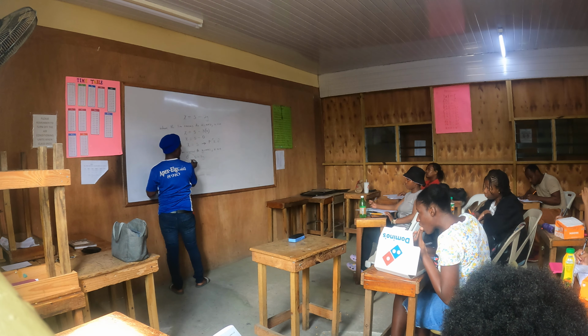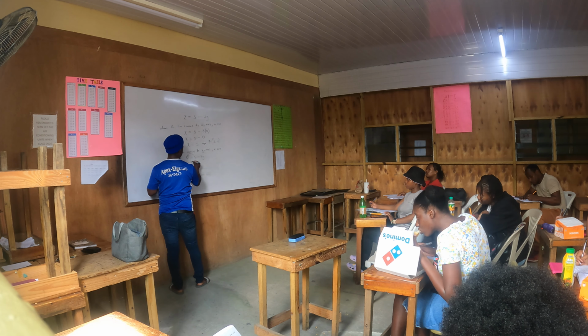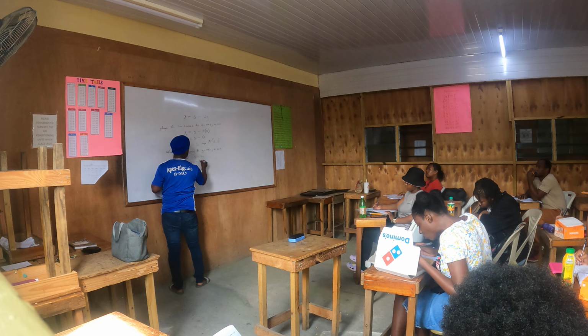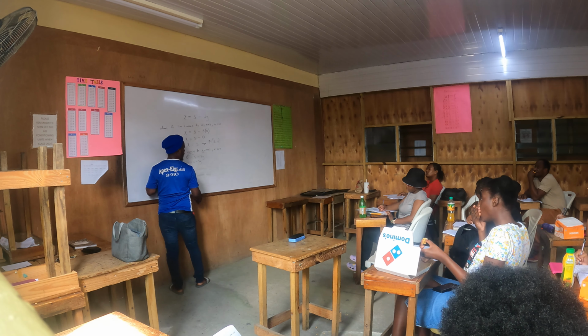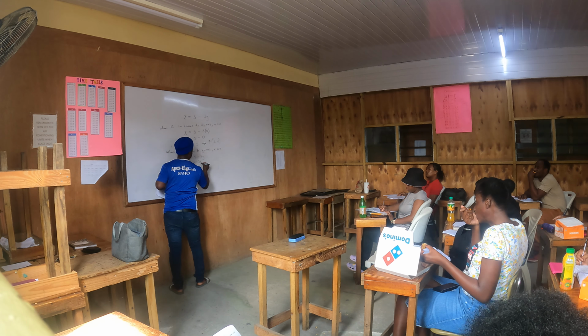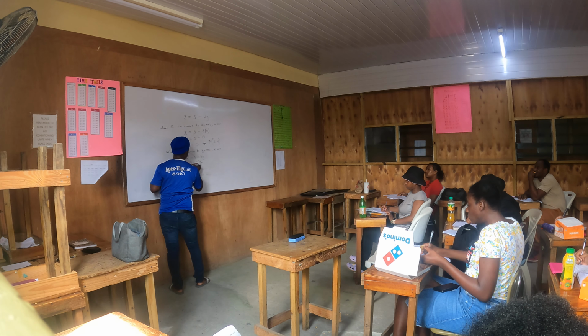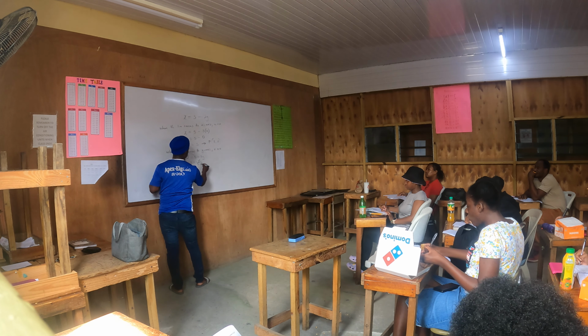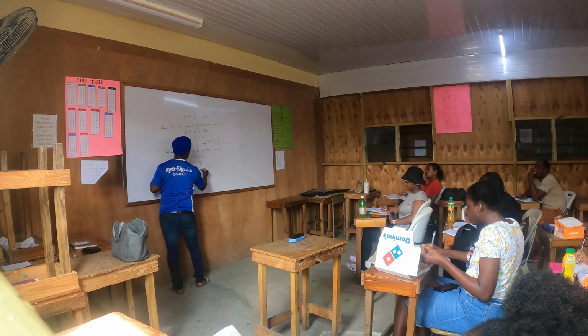Carry over this: negative 5 equals negative 3y. So if I divide both sides by minus 3, I'm going to end up with y is equal to positive 5 over 3.